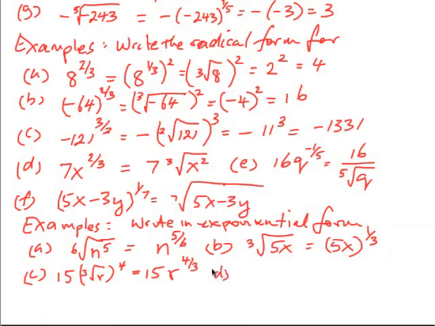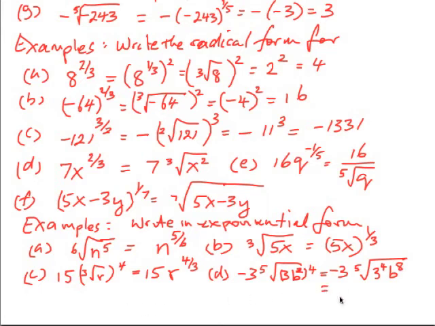If we look at the next one, let's suppose I have negative 3 times the fifth root of 3b squared, and let's suppose this is to the power of 4. The negative 3 doesn't matter, so let's do the fifth root. So look in here, it's going to be 3 to the 4 times b to the 8.